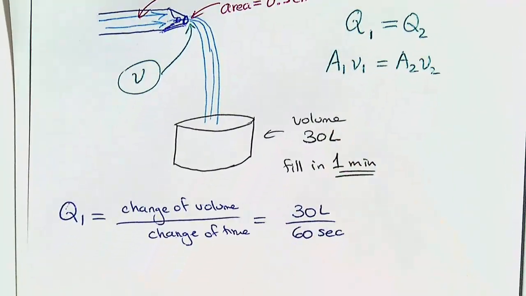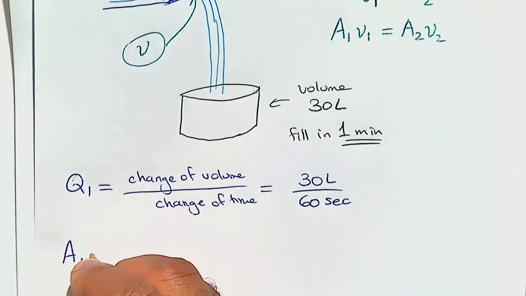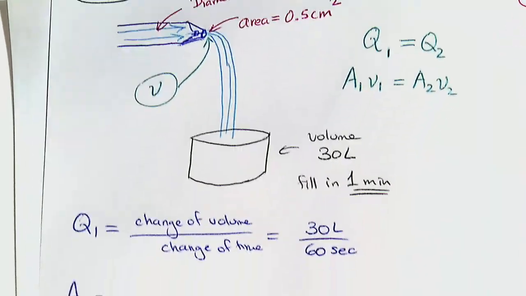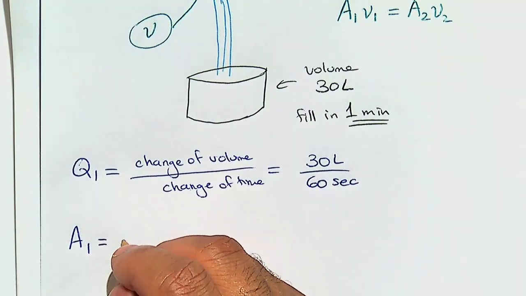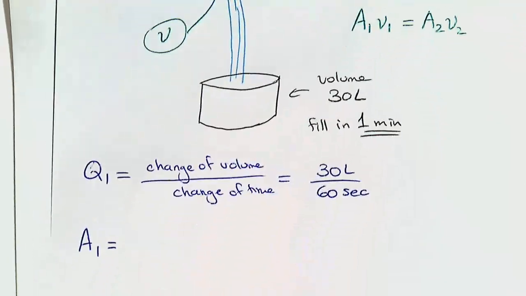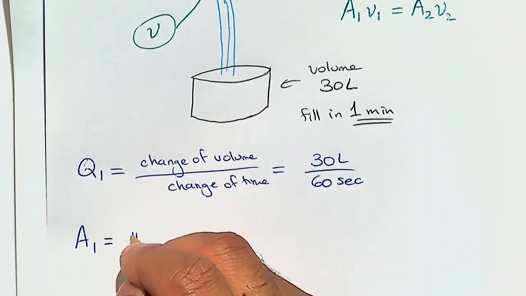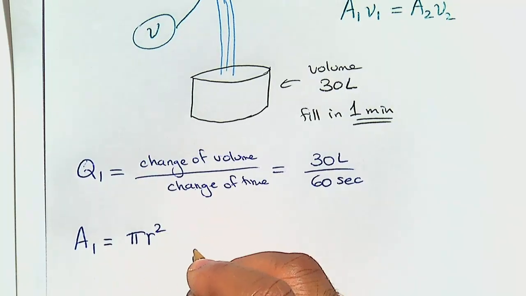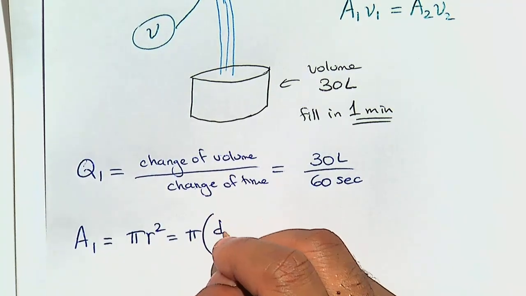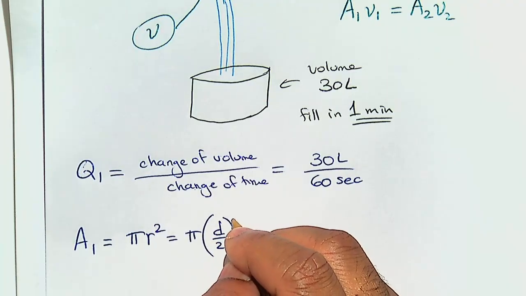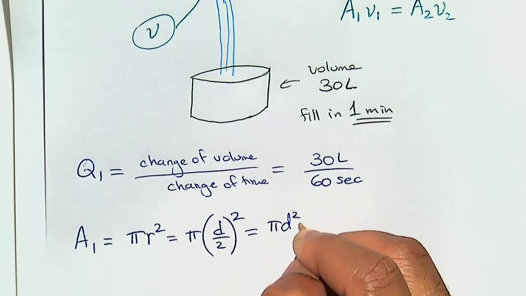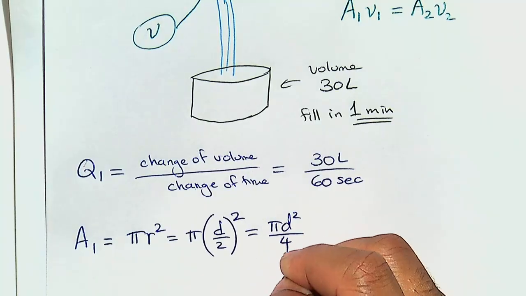What's area 1? Let's try to figure out area 1. Well, we're given a diameter. We can use that, right? The cross section of a hose is a circle. So the area of a circle is pi r squared, and if we write it in terms of the diameter, divided by 2 is the radius, square that, we have pi diameter squared divided by 4.